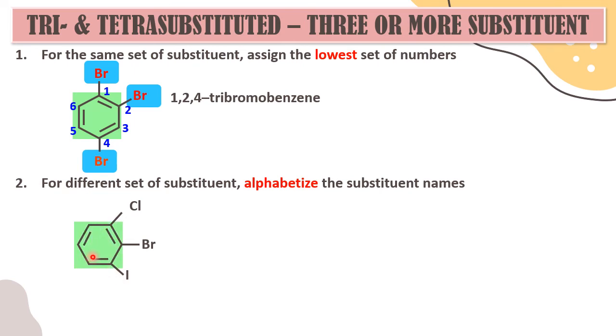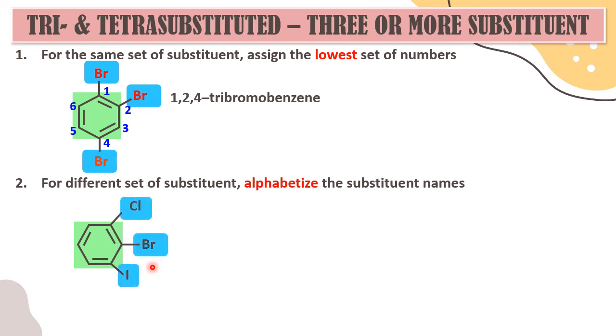Then we're going to put carbon number 1. By right, based on the alphabet, we would give bromine number 1, but we still need the lowest possible combination of numbers.